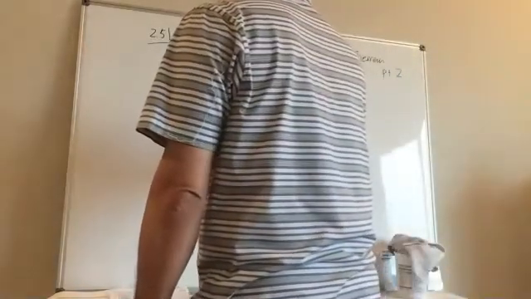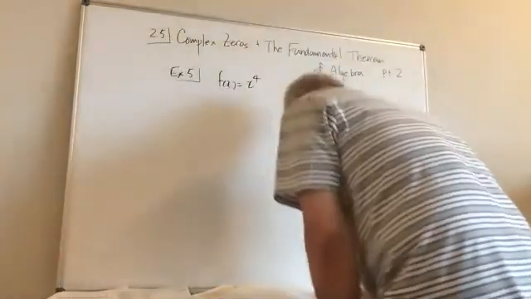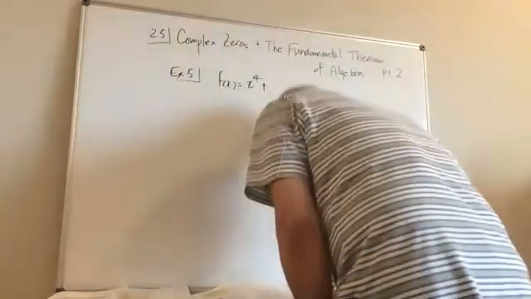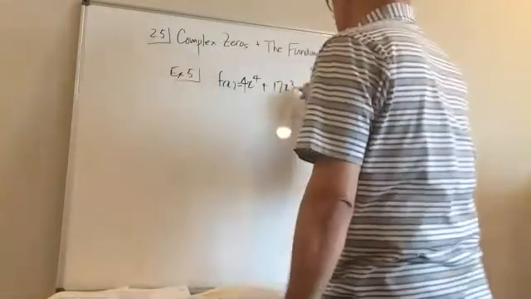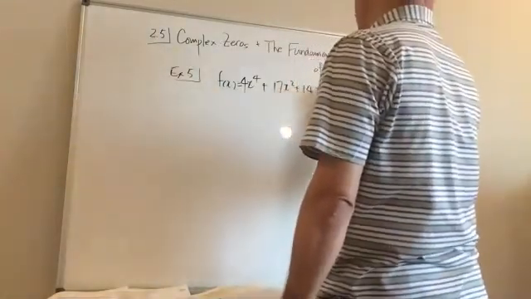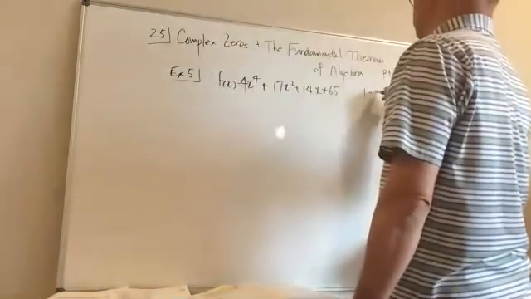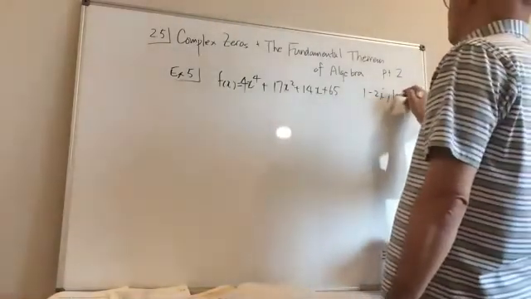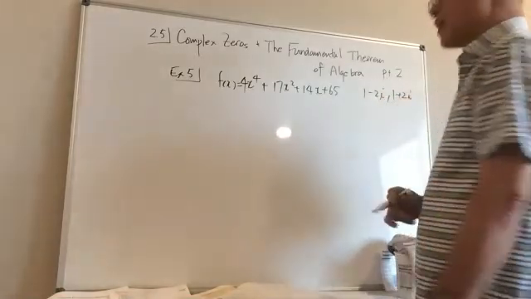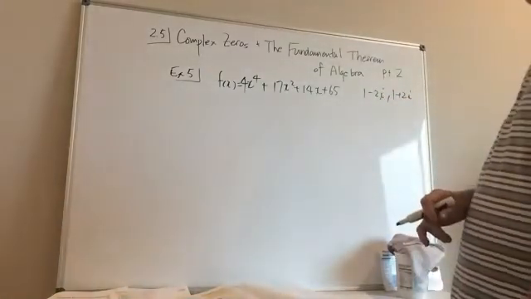So the actual equation is 4x to the 4th, minus 17x squared plus 14x plus 65. And I know that one of the answers is this, which means that I also know that this guy is an answer too, okay?